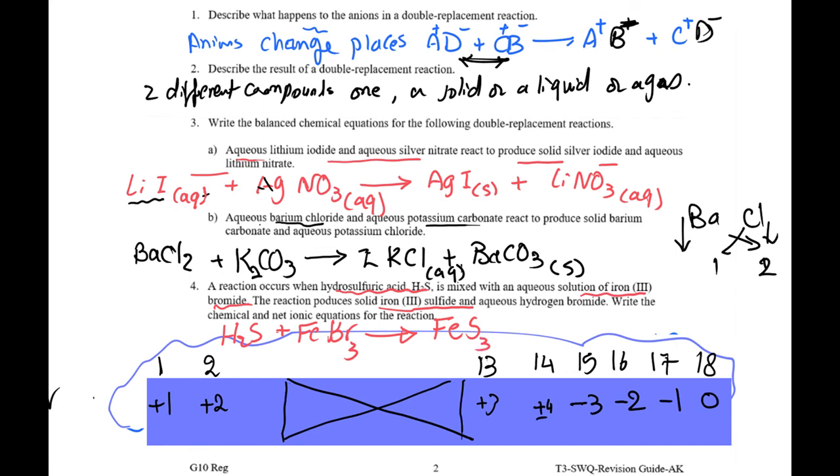Iron has a valency of 3. Sulfur in group 16 has a valency of 2. Plus aqueous hydrogen bromide. You need to write the state, and also you need to balance the equation.